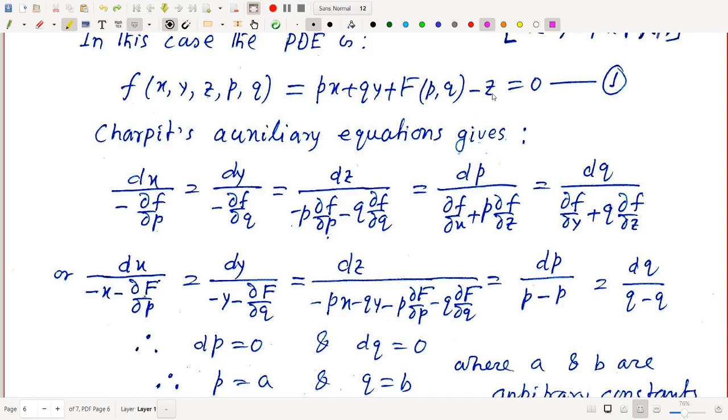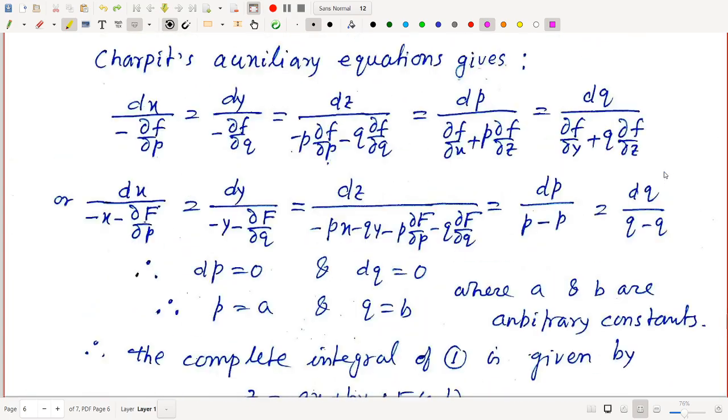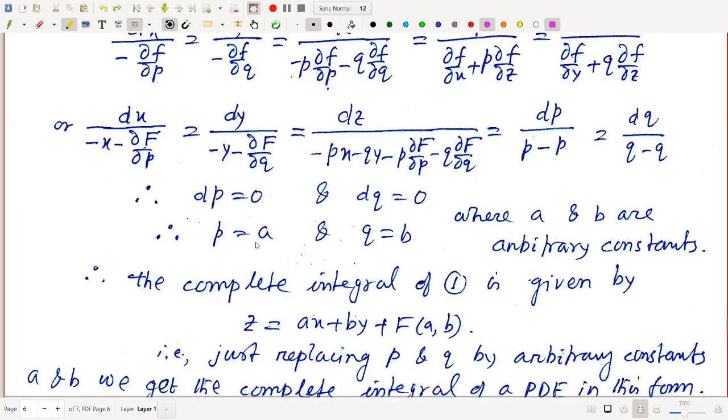Z is a function of x and y, so del z by del x means p, so it is p minus p. And del F by del y also, here it is q, plus this is 0, this is 0. If we differentiate with respect to y, then minus del z by del y means q, so q minus q. Therefore the denominators of dp and dq are 0, meaning dp and dq are both 0. Therefore dp is 0 and dq is 0.